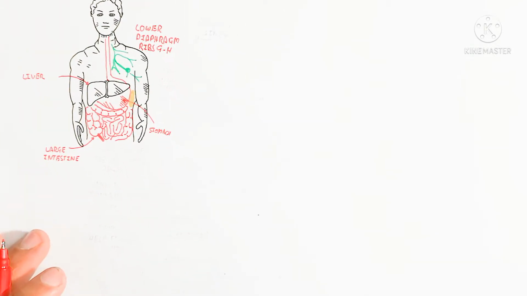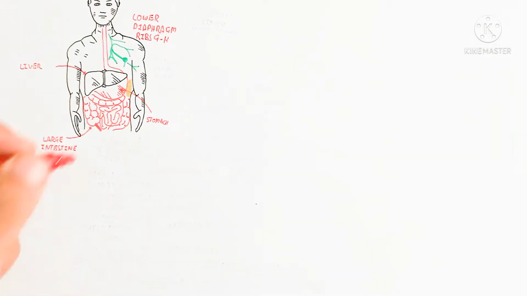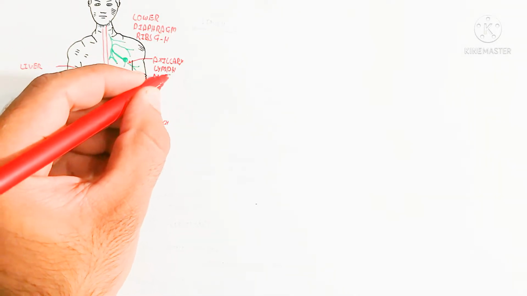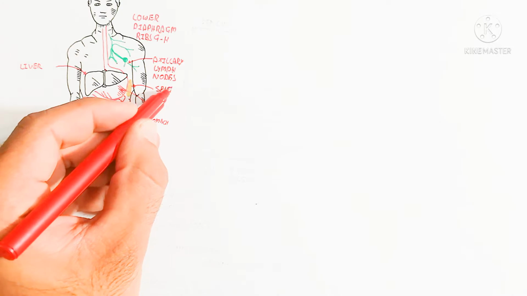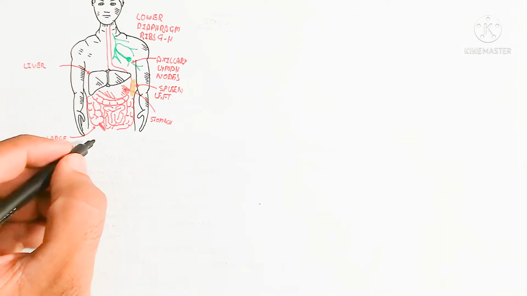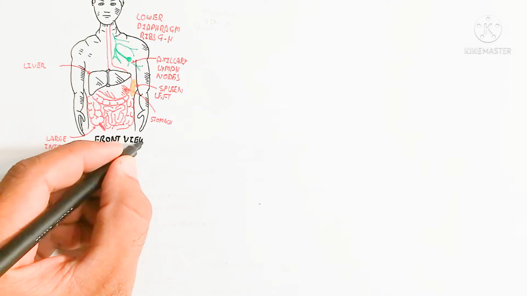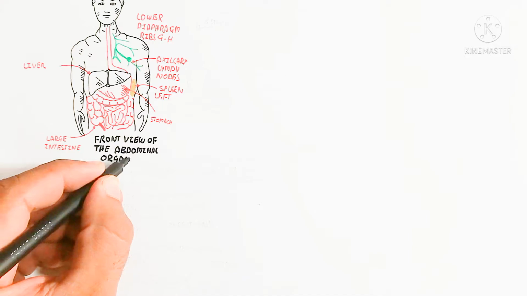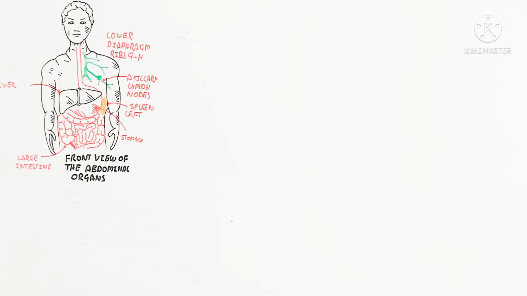On the other hand, the lower diaphragm and ribs 11 and 12 are the special part for the spleen region. In this way, here is the front view of the abdominal organs that you are watching in the video.